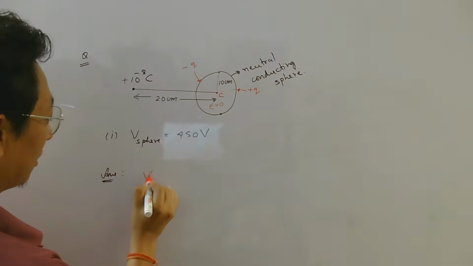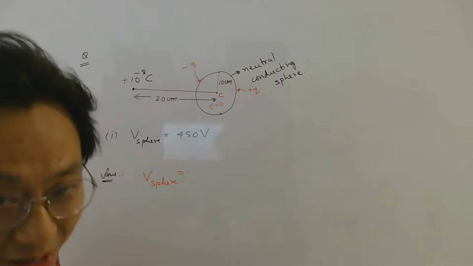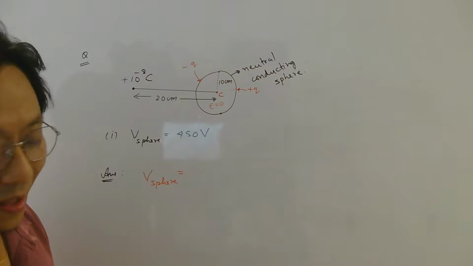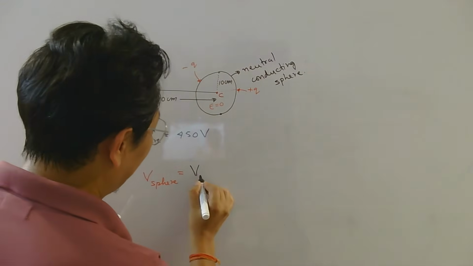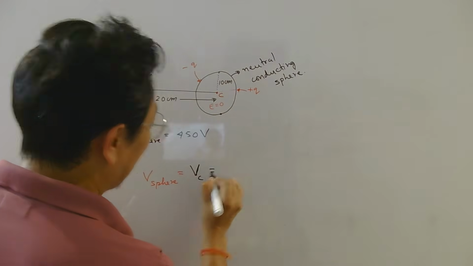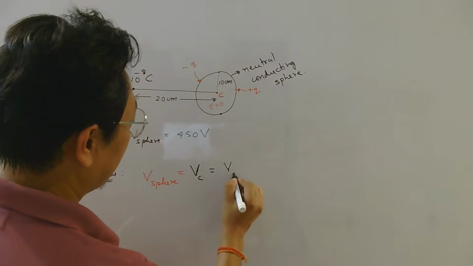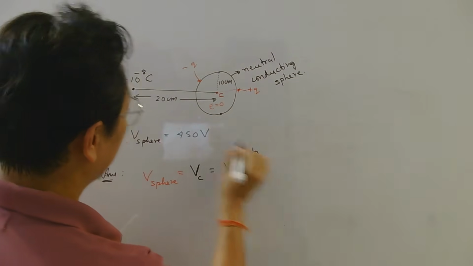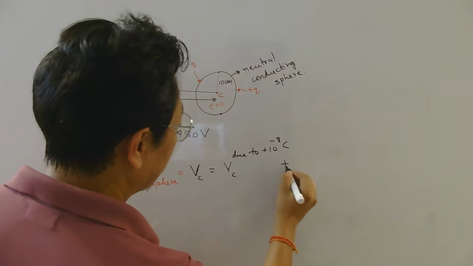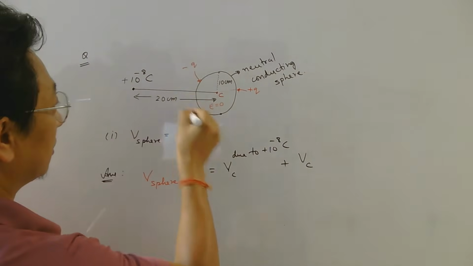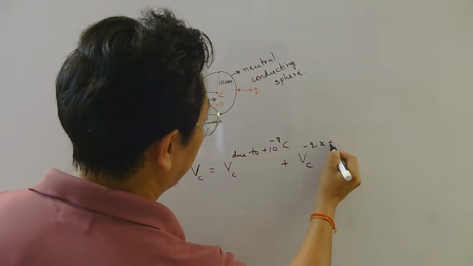Okay, so the potential of the sphere, which they have asked, must be the same as the potential of the center point. Now who will create potential at the center? Obviously it will be the potential at the center due to this point charge plus the potential at the center due to these induced charges, which are minus q and plus q.